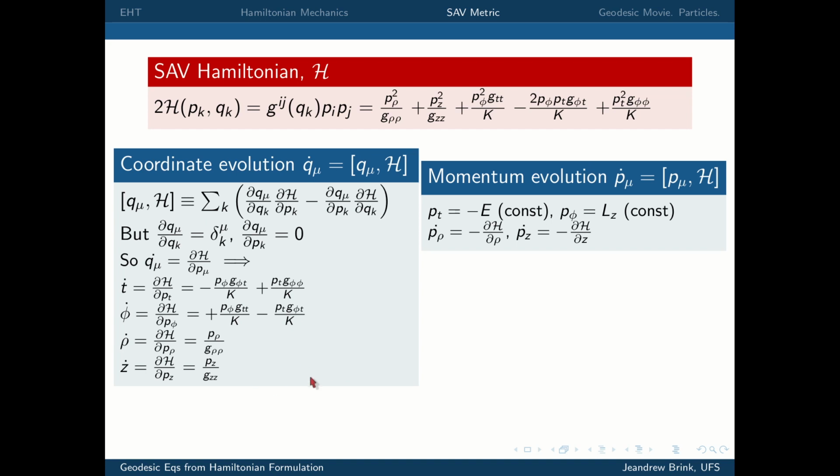We solve them first, and since p phi and pt are already constant, we can substitute the results and then solve the remaining 2 subsequently in post-processing.